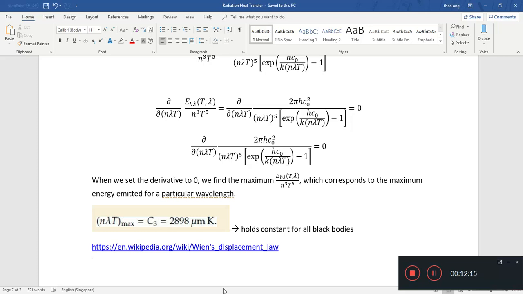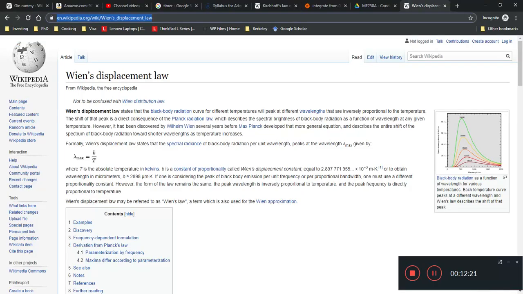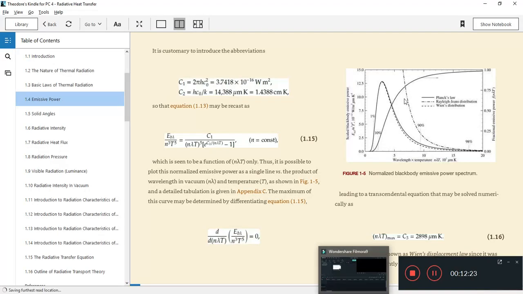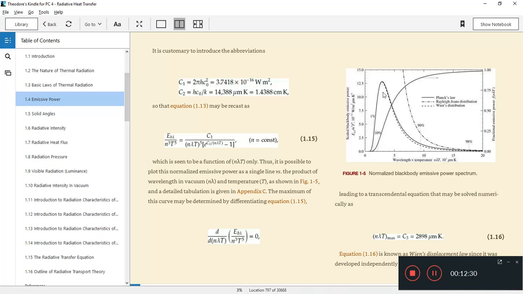So this is Wien's displacement law, and this will give us the peak wavelength for a particular temperature.